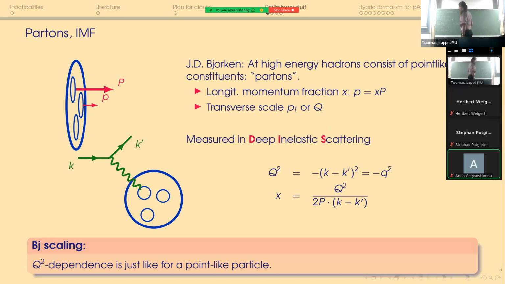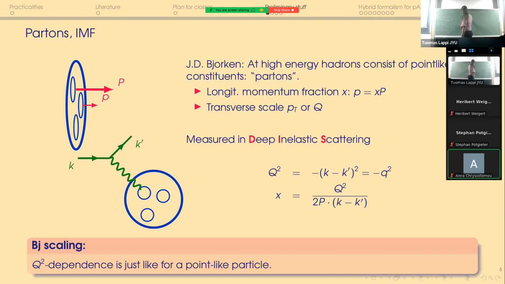Then the other thing that we need is light cone variables.